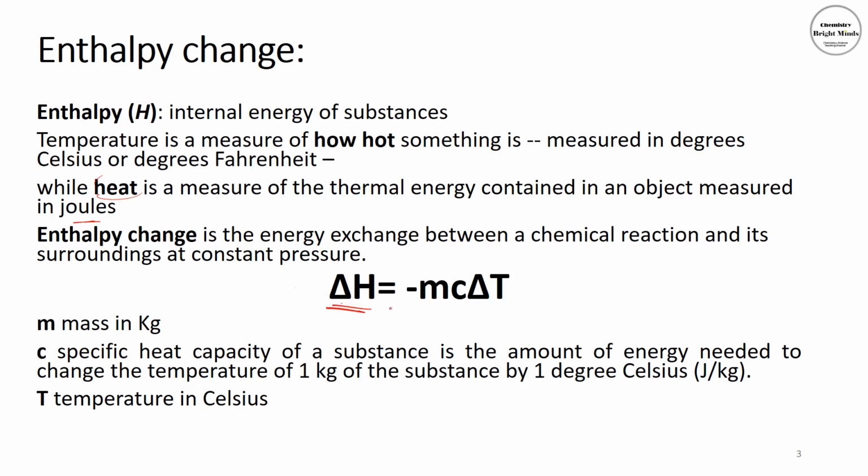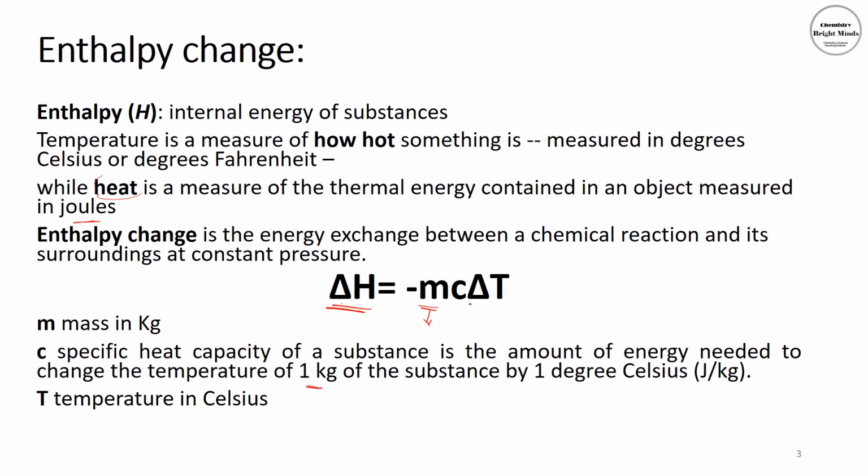So delta H equals minus m c delta T, where m is the amount of my substance in kilograms. c is what we call the specific heat capacity. The specific heat capacity is the energy needed to increase the temperature of 1 kilogram of my substance by 1 degree Celsius.